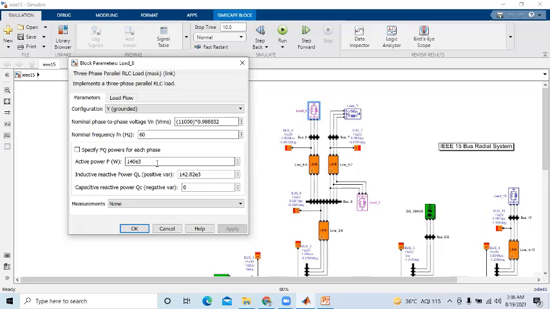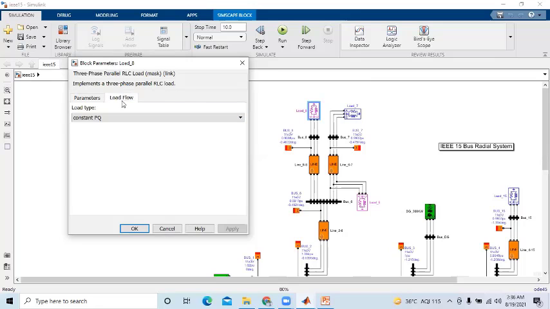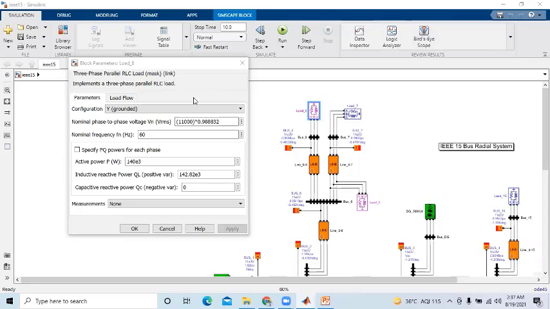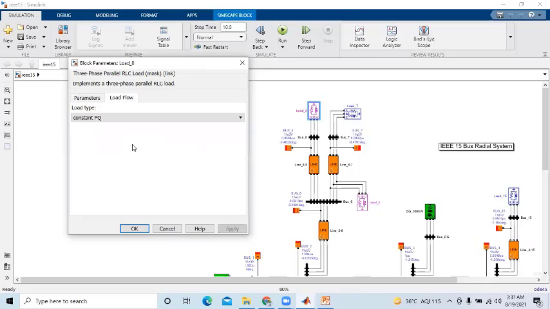This load does not have any capacitive VARs, which is why the negative VAR is equal to 0. Only the positive VAR has this configuration. The type of the load is PQ load, and the type of the load flow is constant PQ load.